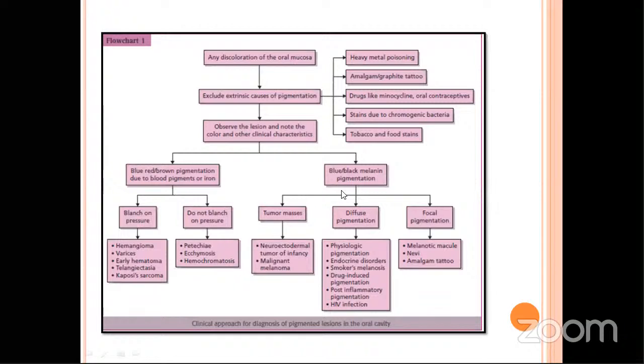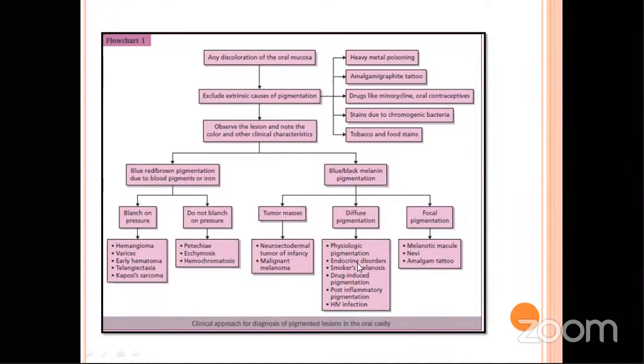So this is a very quick chart which shows what has to be done if there is a pigmentation in the oral mucosa. Remove the cause, and we have to locate, and we have to see what color the lesion is. We see whether it is red or blue-black in color. Okay, if it is blue-black in color, then we check whether it is diffuse. If the patient itself is dark along with some gingival pigmentation, then you should think about physiological pigmentation.